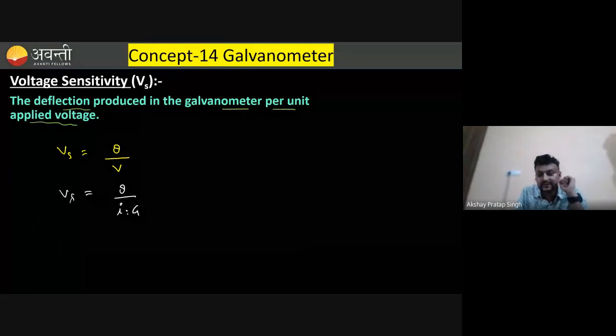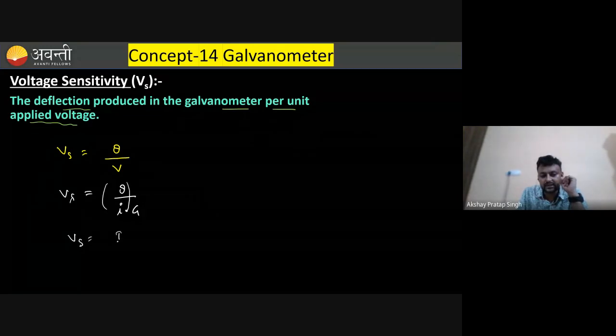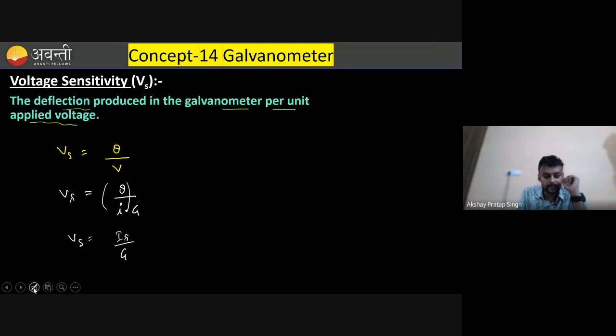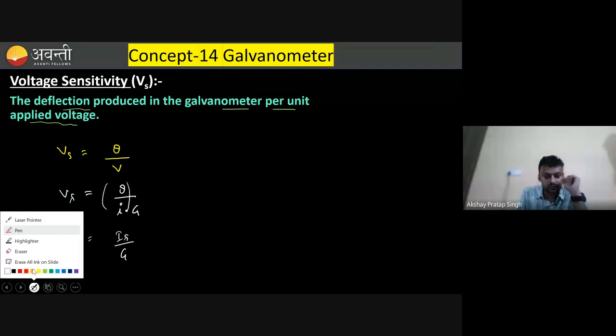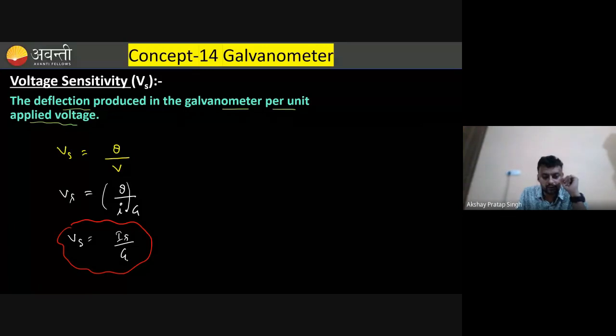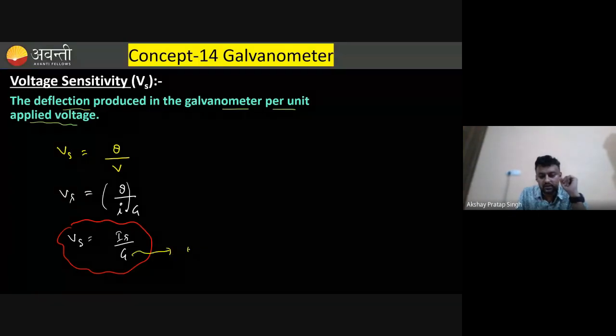Theta over I into G. Theta over I, you can see that it is current sensitivity. So Vs is equal to current sensitivity divided by the resistance of the coil. I will write it here. What is G? G is the resistance of the galvanometer.